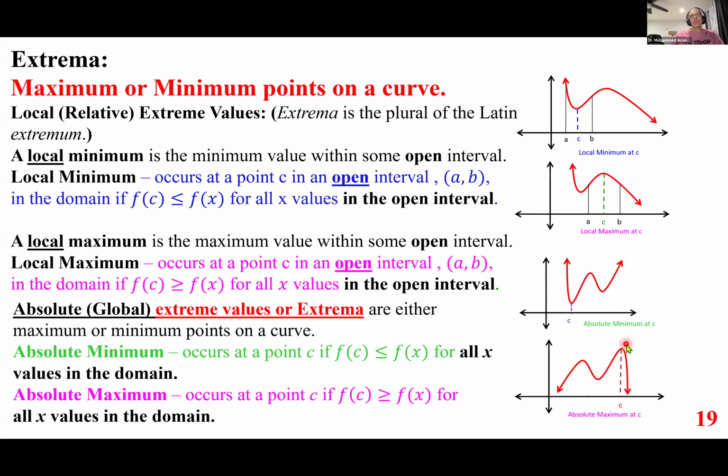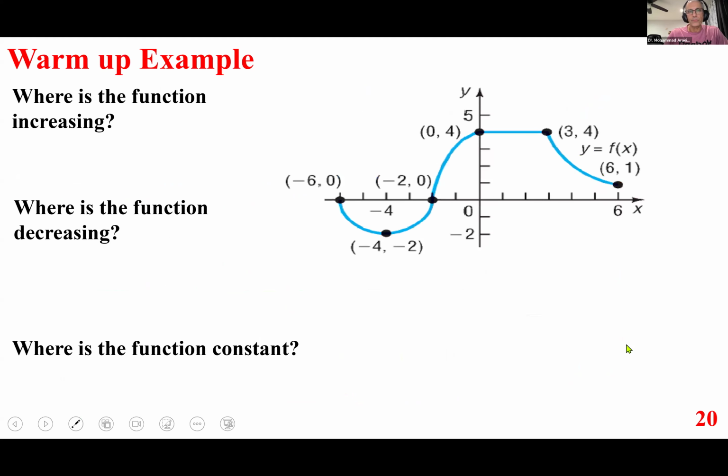And as far as being absolute, it can be absolute if it's referring to the entire domain, okay? By the way, the endpoints could be absolute max or min, but they are never local extrema.